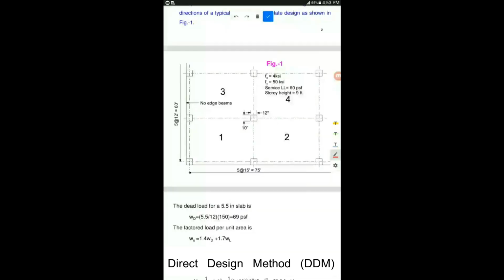The next thing is to find the total factor moment along each direction. So we will consider first the long direction. The formula will be the same, 1/8 Wu L2 Ln squared. When you are calculating along the long direction, I'll explain first. For example, this is the equivalent rigid frame, and you are calculating MA for this one.